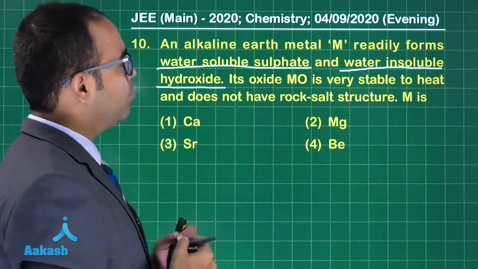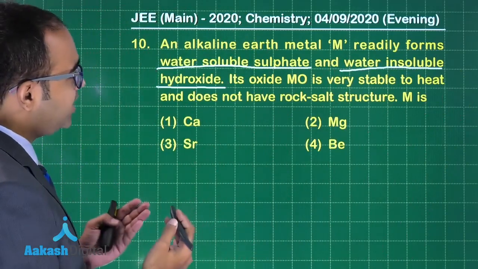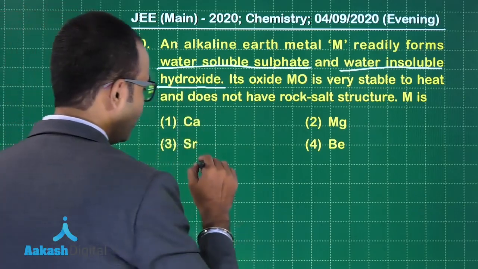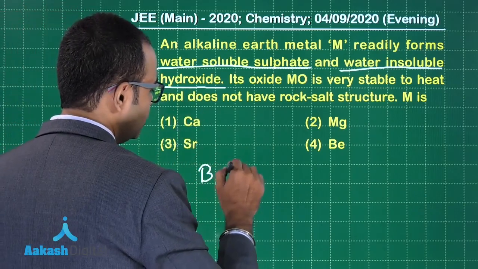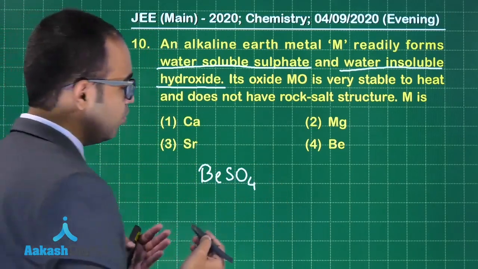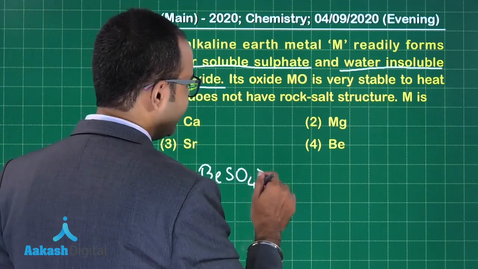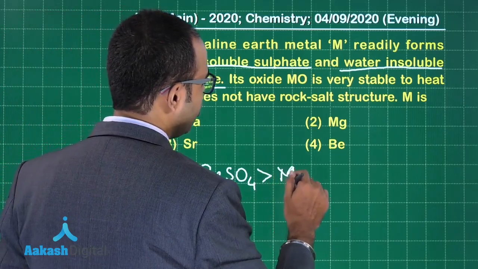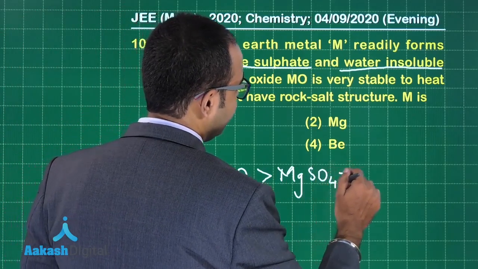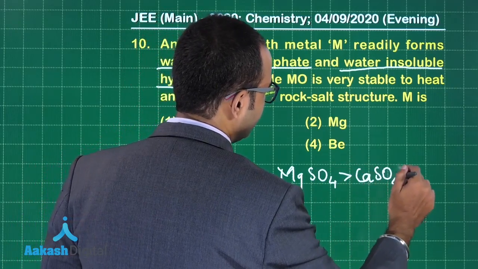So if it is forming a water soluble sulfate, it has to be something from the top of the group, because if you are dealing with sulfates of group 2, the solubility keeps on decreasing as you go down the group, right?